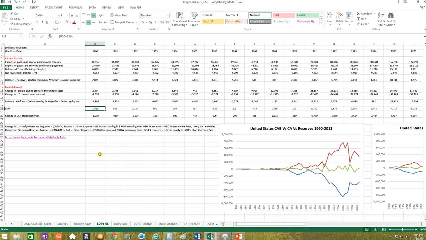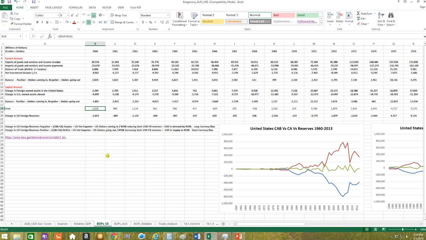The US is a net exporter, which means that more US dollars are coming in than going out of the United States. So more US dollars coming in, which means that relatively, the rest of the world is reducing their US dollar FX reserves by the same amount. So US dollars abroad in aggregate are depleting by this amount, which means the US dollar is in demand.